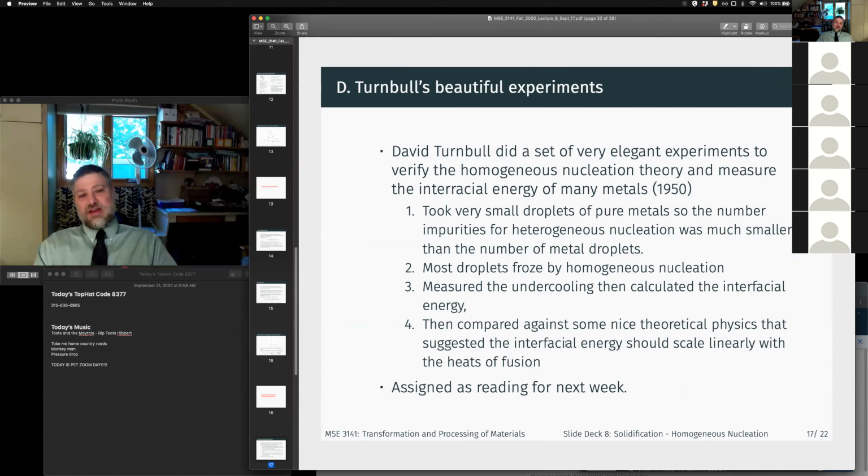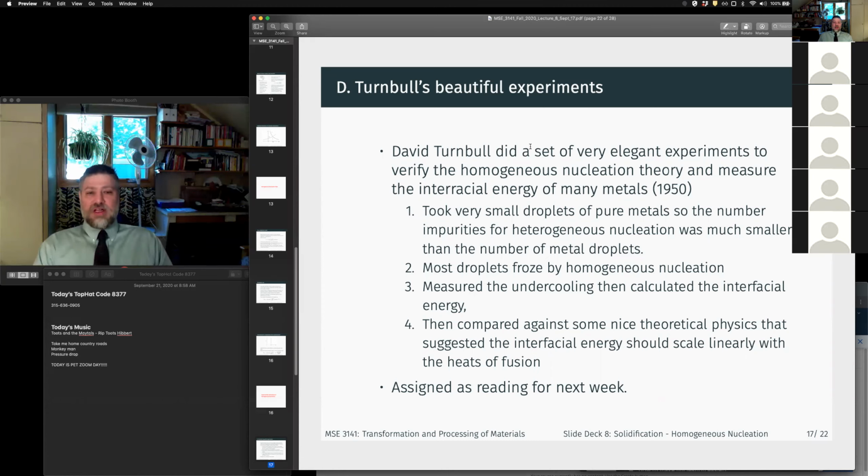So at the time, Schenectady, New York was a powerhouse of solid state physics due to the General Electric Research and Development Lab that was there. But David Turnbull was familiar with the theory of homogeneous nucleation, and he was looking at ways of exploring whether it was true, and if it was true, how he could measure the interfacial energy.